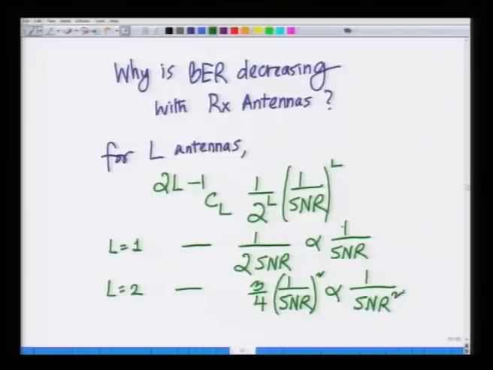So, look at these two terms here. At L equals 1, at one receive antenna, the bit error rate is decreasing as 1 over SNR. With L equals 2 receive antennas, the bit error rate is decreasing as 1 over SNR square. Remember, at high SNR, SNR square is much larger than SNR, hence 1 over SNR square is much smaller than 1 over SNR.